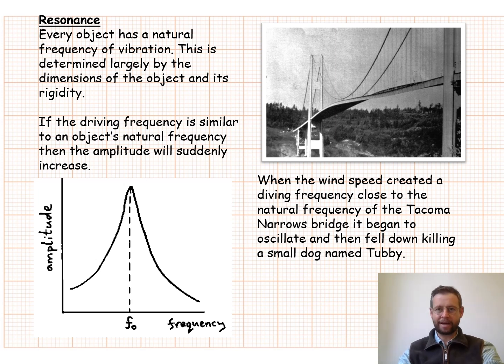But if we pushed the pendulum as it was moving away from us, and we did that every time it was moving away from us, clearly the amplitude is going to build, like pushing somebody on a swing. If the driving frequency matches the natural frequency of that object, then the amplitude starts to grow. Here, a graph of the amplitude, a peak, where the frequency is equal to the natural frequency.